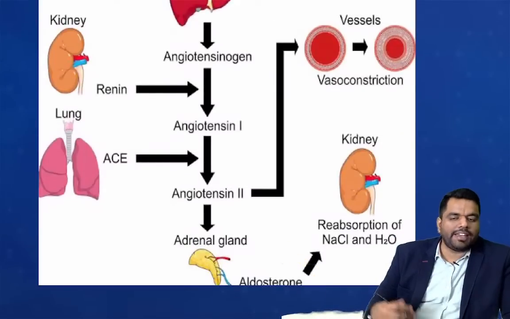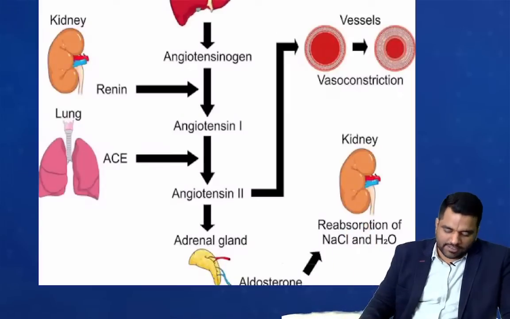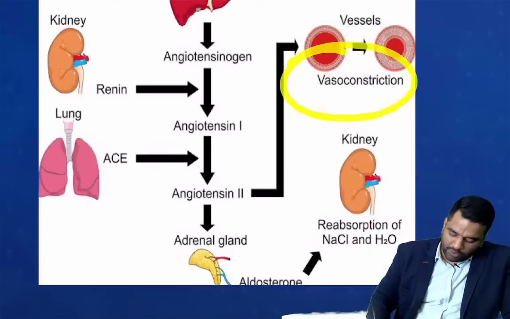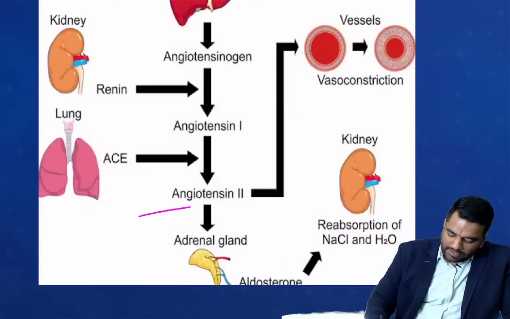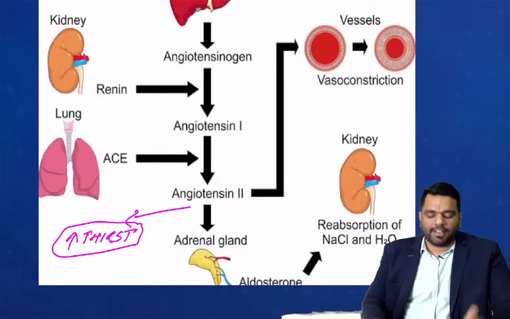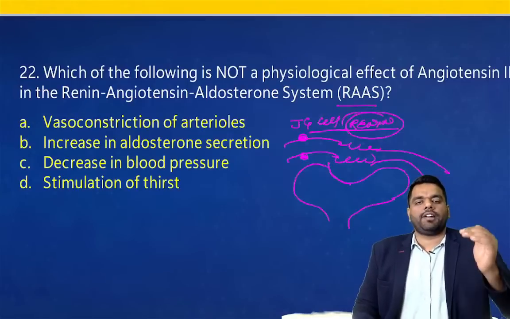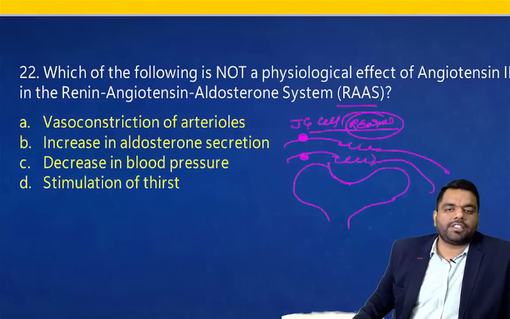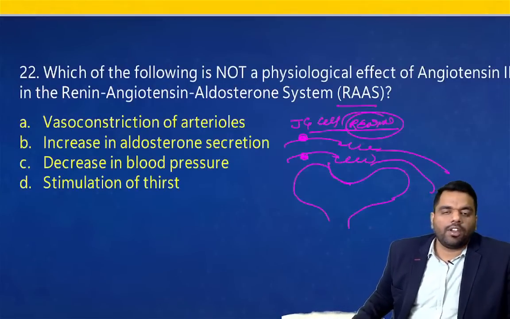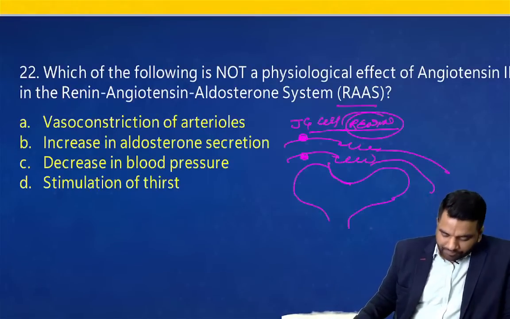That leads to increased sodium and water reabsorption from the kidney, so that volume is increased. Number 2, it causes vasoconstriction, and number 3, it increases thirst. So basically in your body volume is increased. RAS is activated whenever there is hypotension or dehydration in the body, and then RAS increases your blood volume, right?